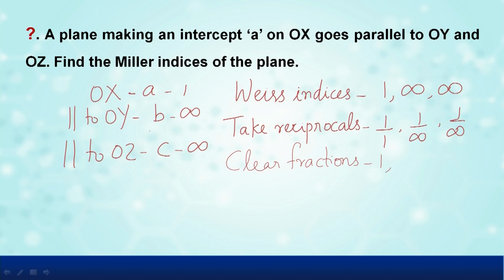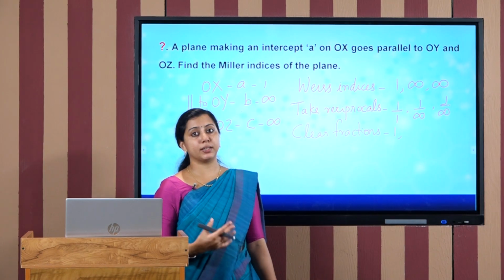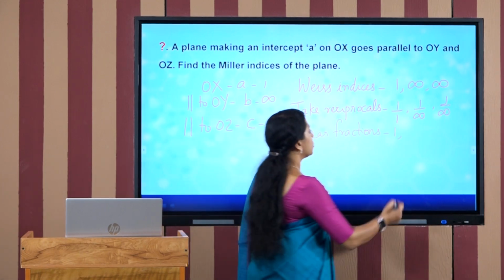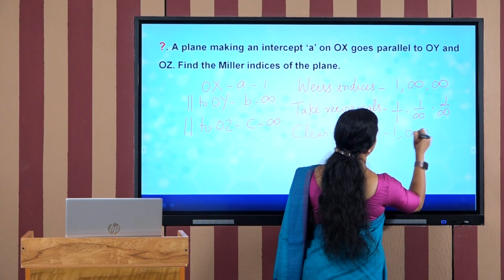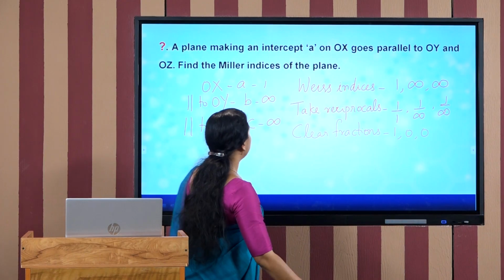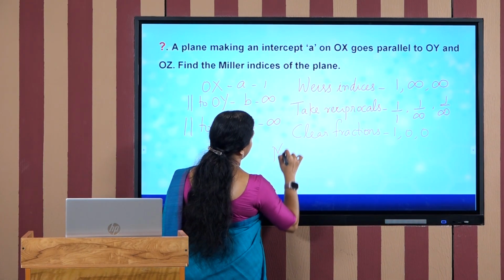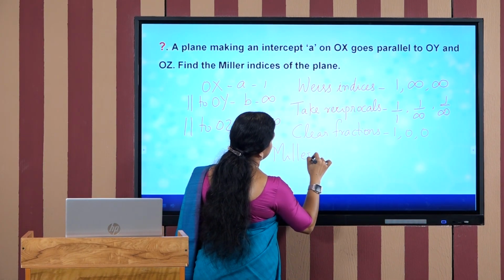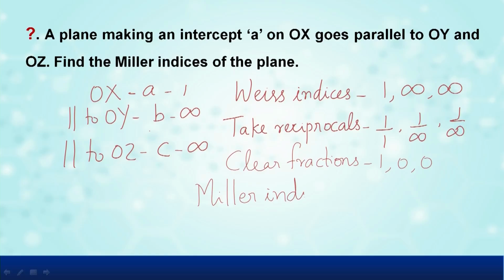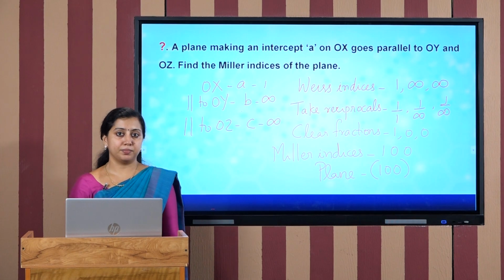Now, what is 1 by infinity? 1 is divided by a very large quantity, that is infinity, so that will tend to 0. So, we have 1, 0, 0. So, what are the Miller indices of this plane? The Miller indices are 1, 0, 0. So, this plane can be represented in brackets as (1 0 0), or it is a (1 0 0) plane.